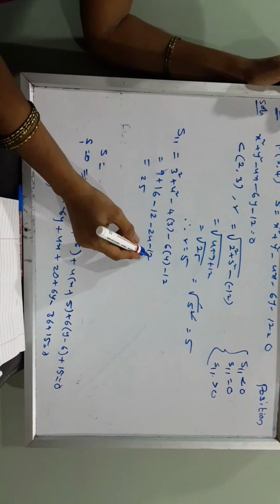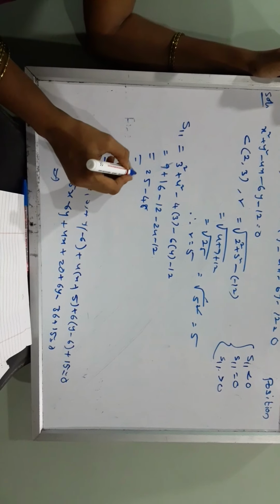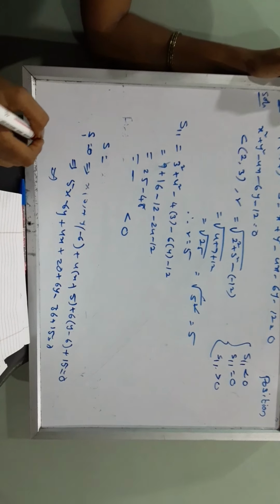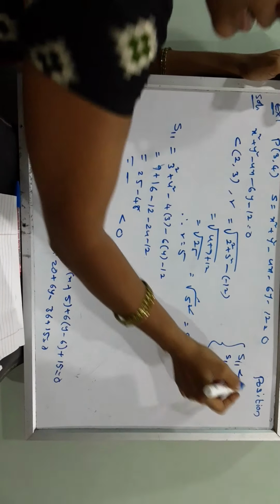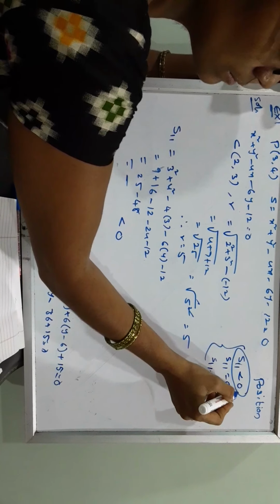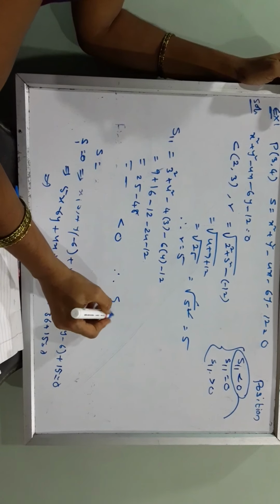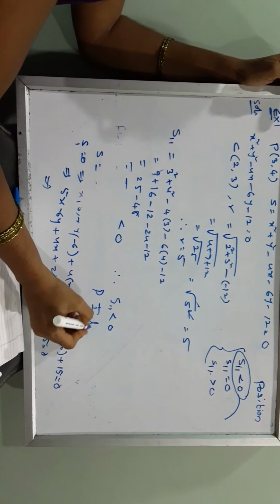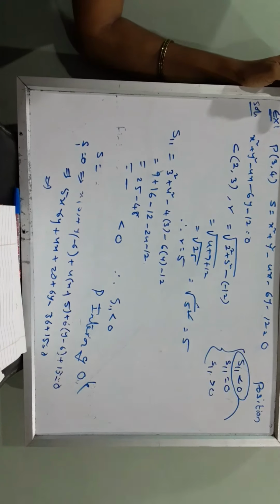Here minus 12 minus 24 minus 12 is minus 48, so its value will be minus 23, which is less than 0. S11 less than 0, then P is interior of the circle. Therefore P is interior of the circle.